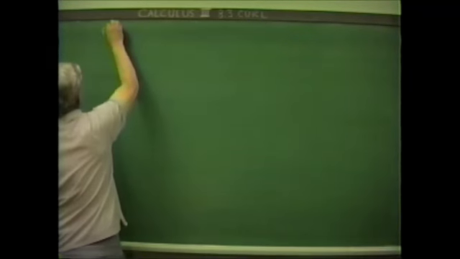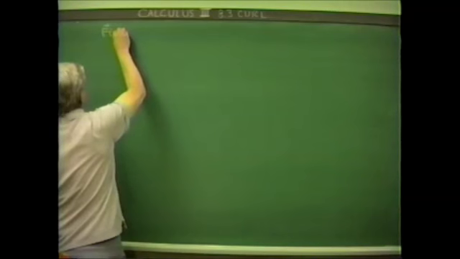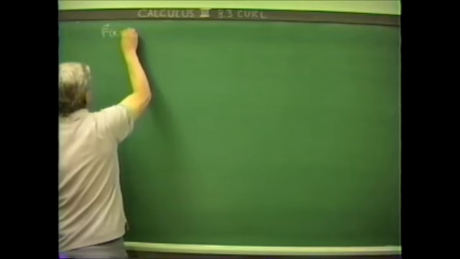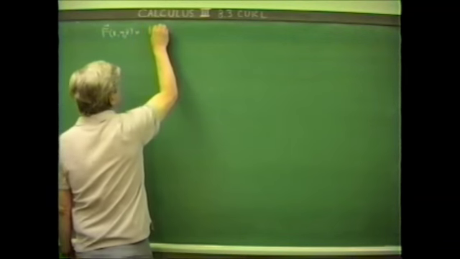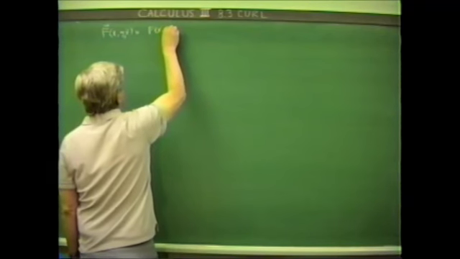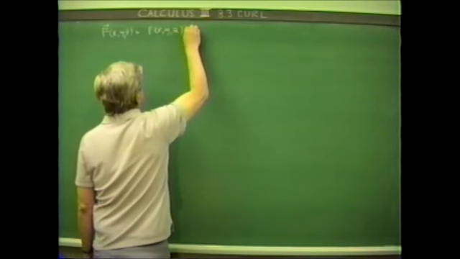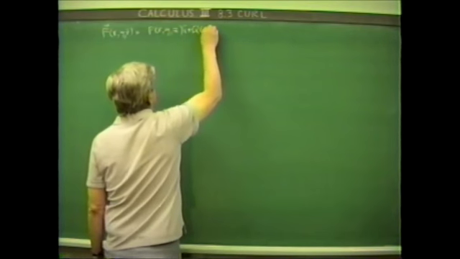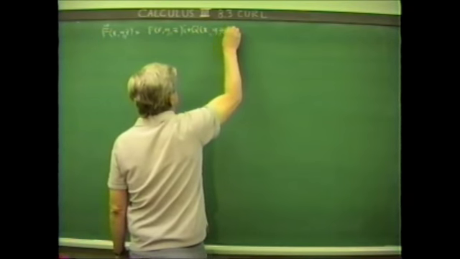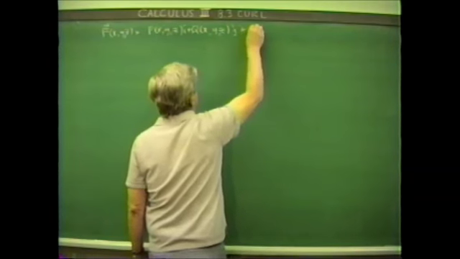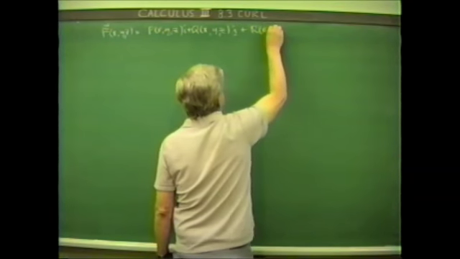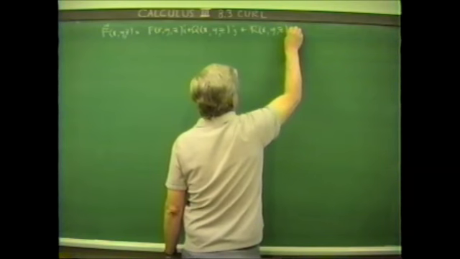We want now to take a look at an operation on vector valued functions. Let's say F of x, y, z equals p of x, y, z i plus q of x, y, z j plus r of x, y, z k.